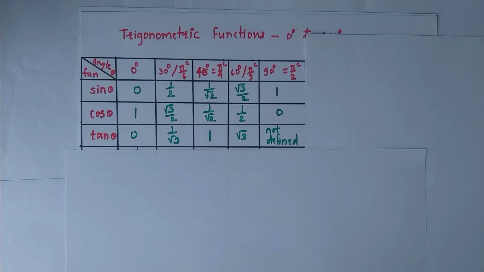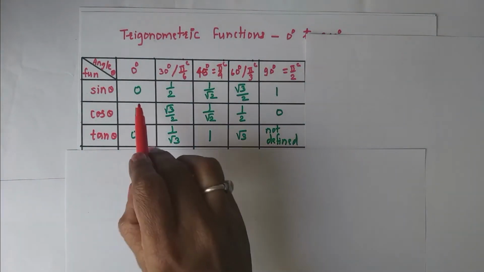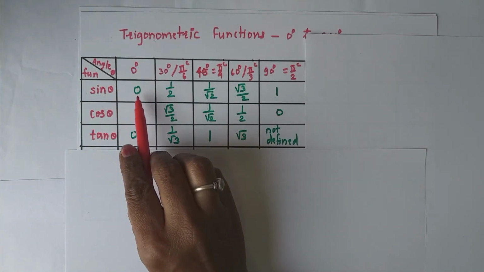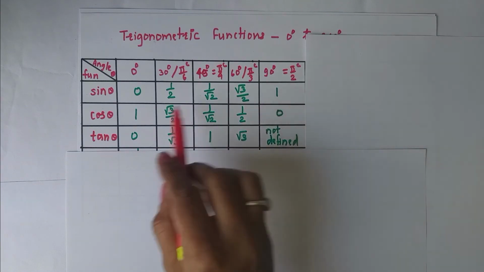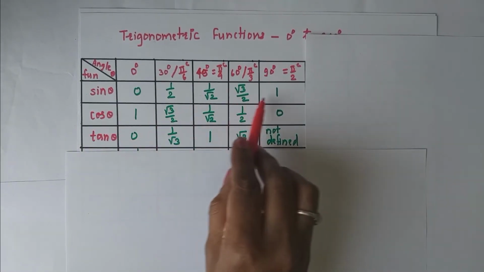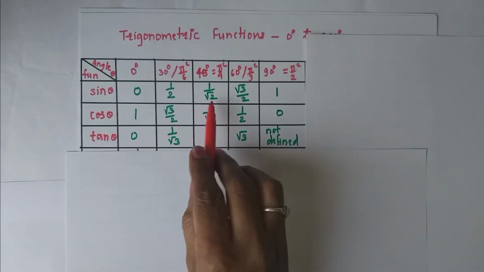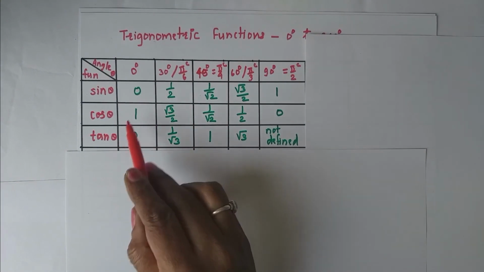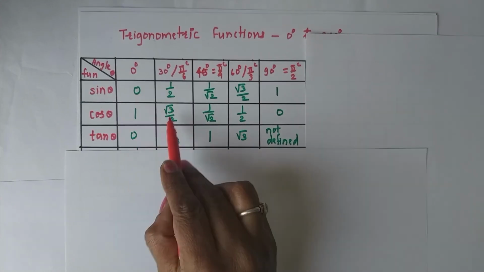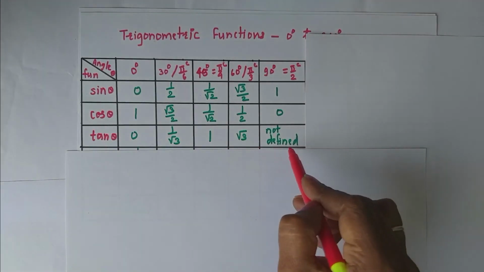And now there is one shortcut to remember this table. You only remember the values of sine, that is 0, half, 1 by root 2, root 3 by 2, 1. Then in reverse order you write down this is 1, then root 3 by 2, 1 by root 2, half and 0. And tan is nothing but sine divided by cos. In this way you get all the values of tan.